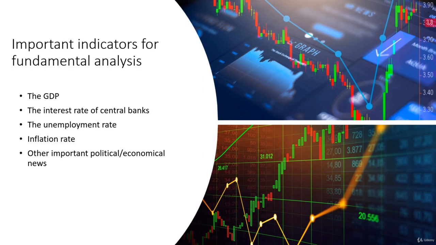The next one will be the interest rate of central banks. What is the interest rate of central banks? Very simple. It's the interest rate that the central bank will use to lend money to other banks. So this interest rate will define how much the interest rate will be in the country.